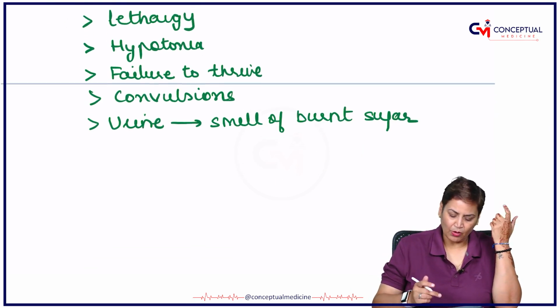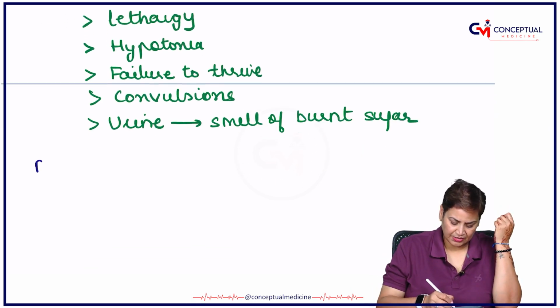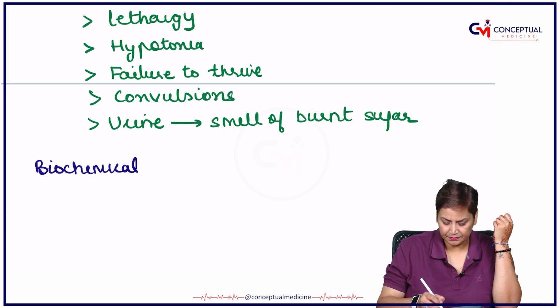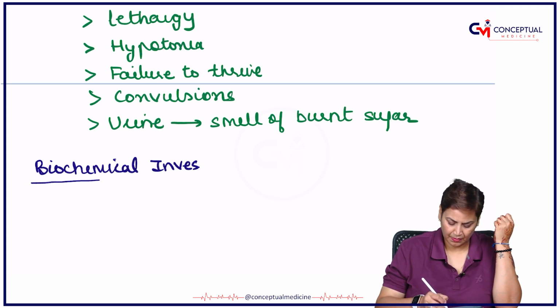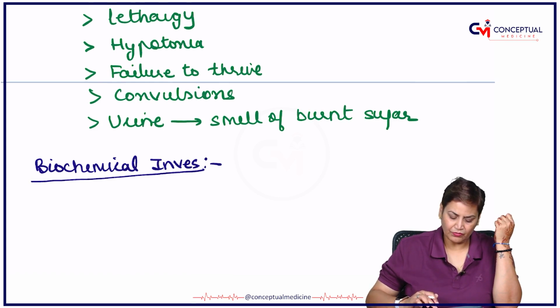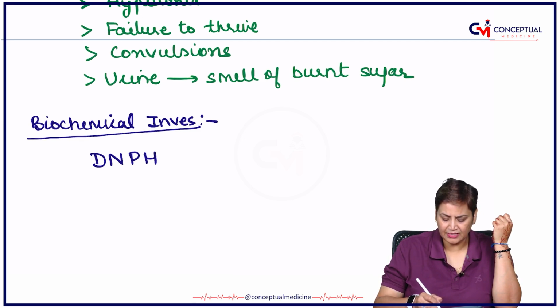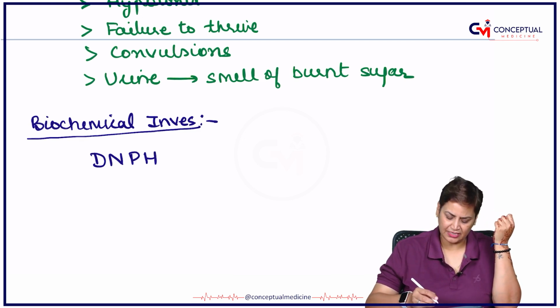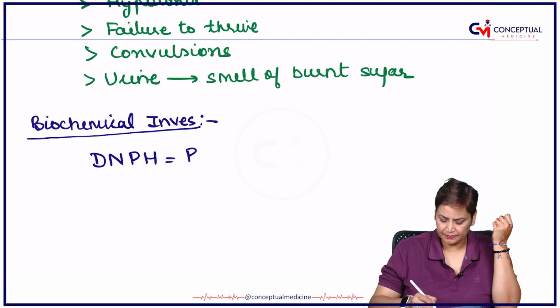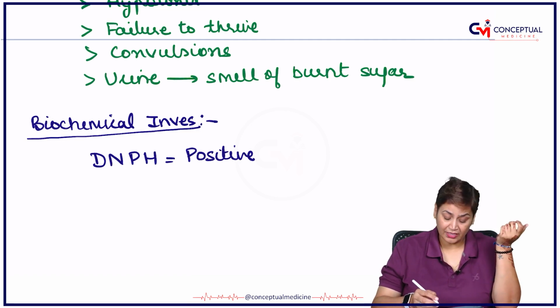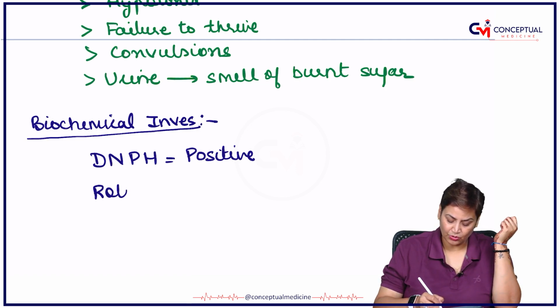If we talk about the biochemical investigations or tests here, the dinitrophenylhydrazine test, which we call the DNPH test, will be positive. And to our surprise, Rothera's test will also be positive.